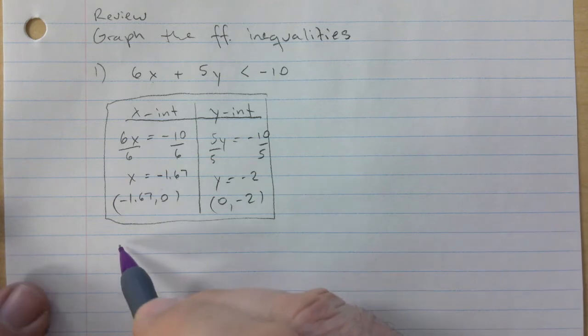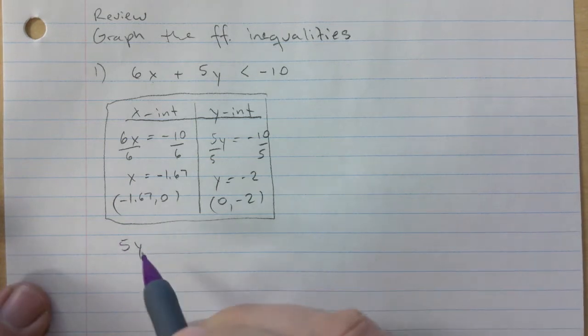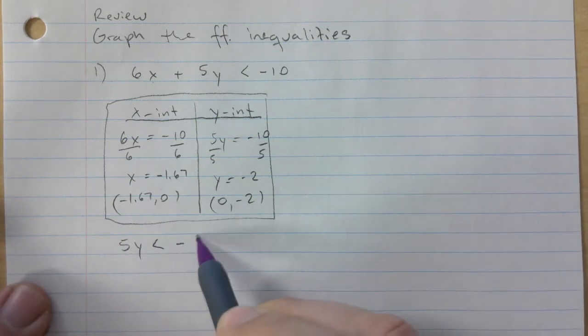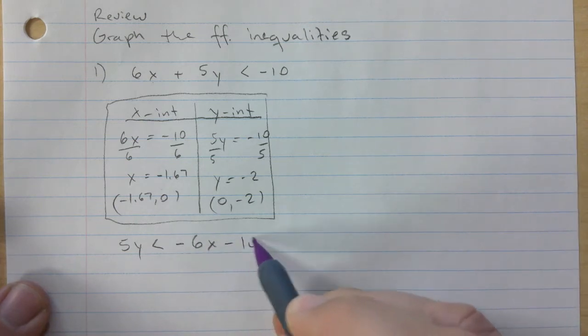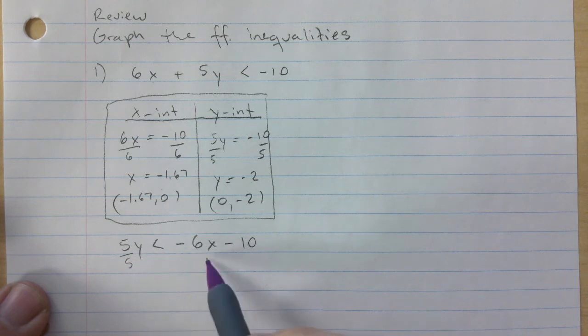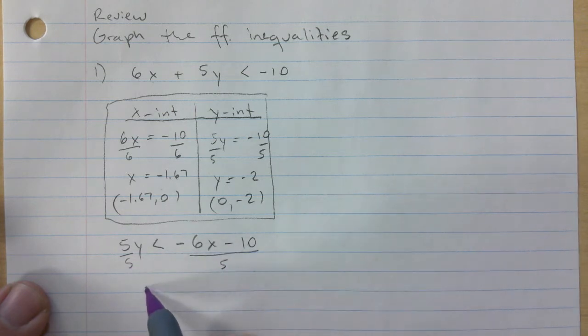I'm going to rewrite. So 5y is less than -6x minus 10. Divide both sides by 5. And nothing flips, right?